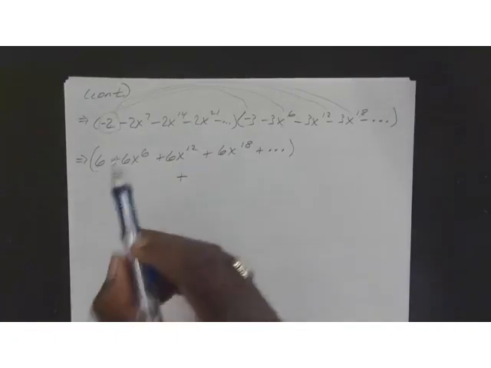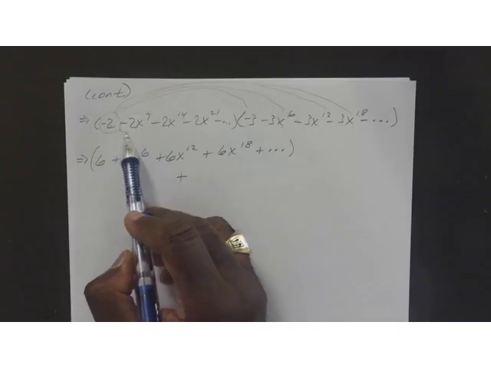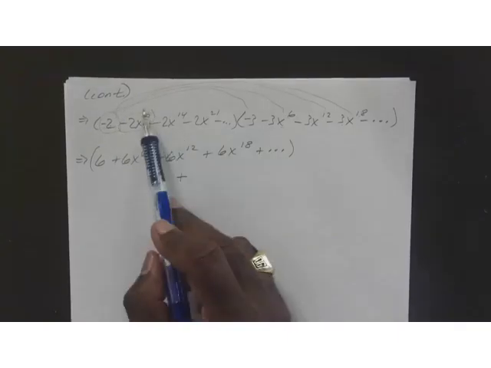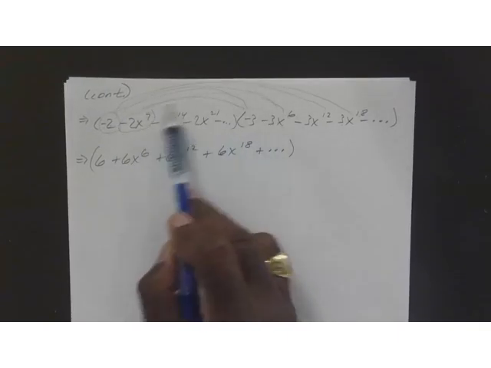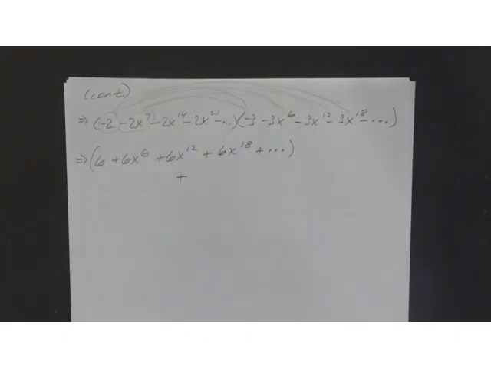plus, now we take this -2x to the 7th power, and we multiply that one by those four terms.